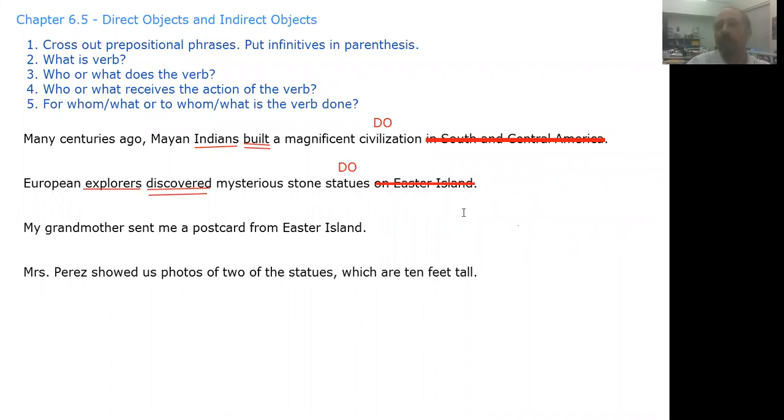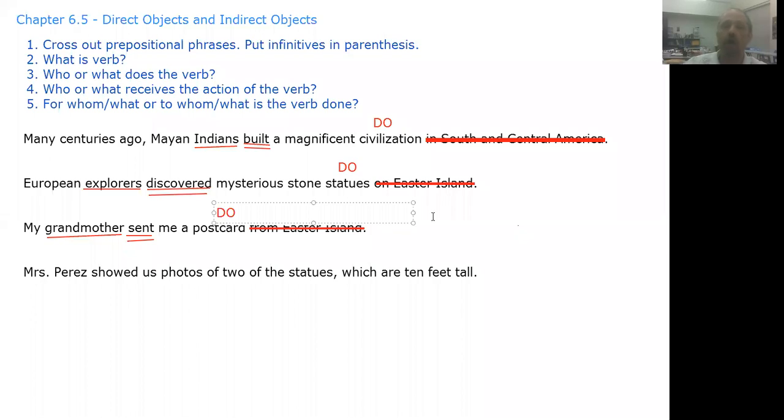Okay. Sentence number 3, my grandmother sent me a postcard from Easter Island. What's the first thing I do? Right, I get rid of my prepositional phrases. I've got one of them, from Easter Island. It's gone, totally gone. Then the verb, sent. The action is sent. Who sent? Grandmother. That's my subject. What did grandmother send? She sent a postcard.